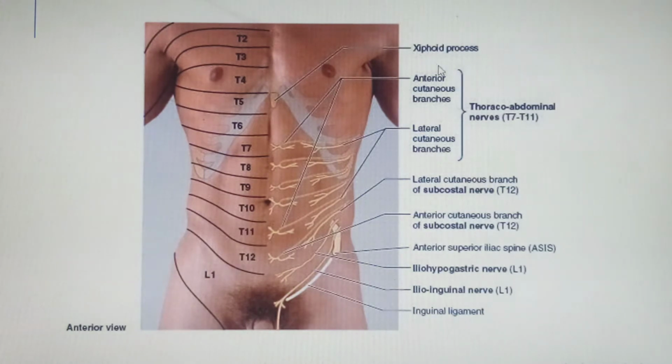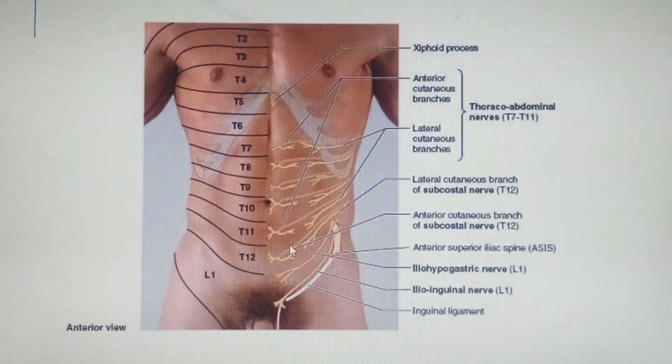So these thoraco-abdominal nerves will give off cutaneous sensation anteriorly, as well as, of course, sensation laterally. But let me tell you something, that these thoraco-abdominal nerves, okay, you can see that is from the 7th one all the way to about the 11th one. Now below that, the 12th one is going to be the subcostal nerve.